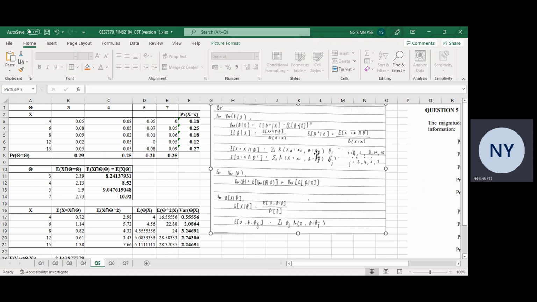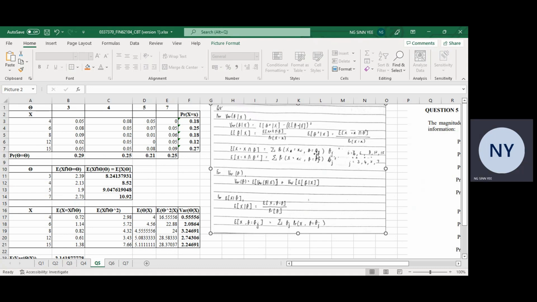The expected value of x given theta follows the same procedure as the expected value of theta given x.